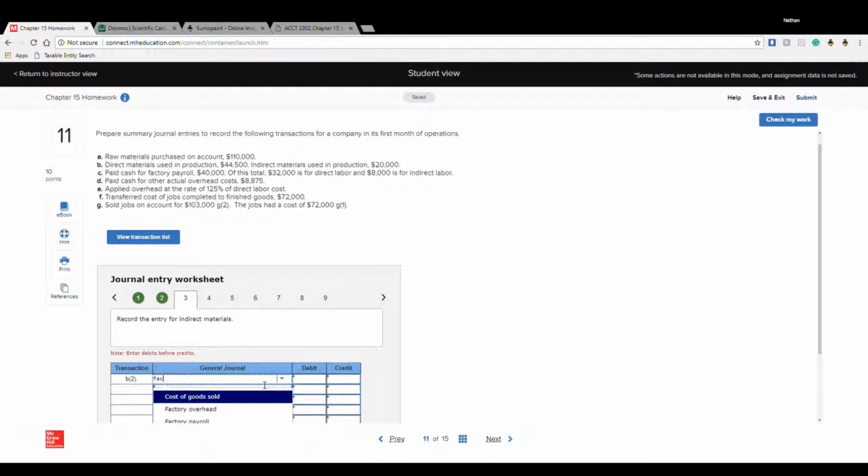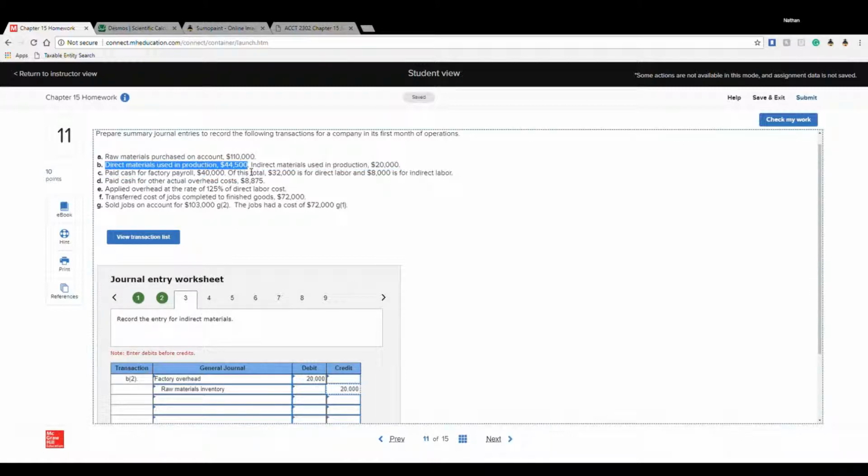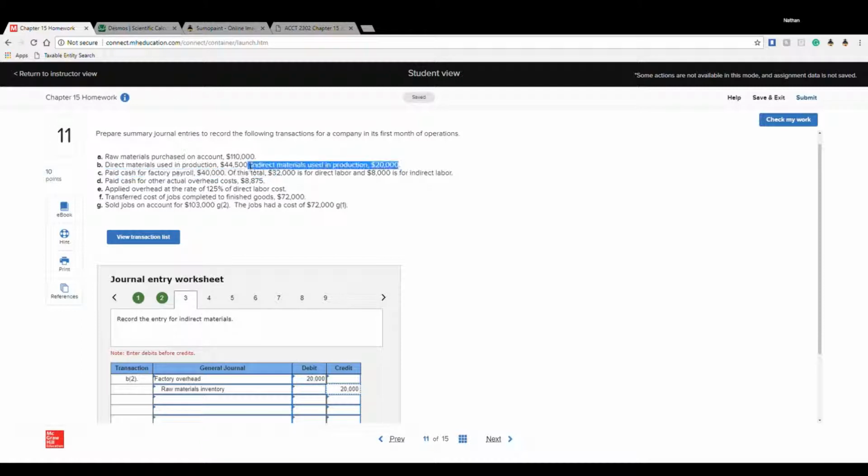So same journal entry, except it's dealing with factory overhead. And this one is 20,000. So notice that it does have the transaction as B1, B2. If that's so, they're taking B1 right here, B2 here. So that's where I'm getting the numbers. Okay, just going down the list.